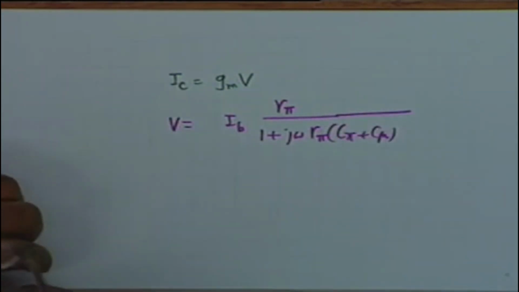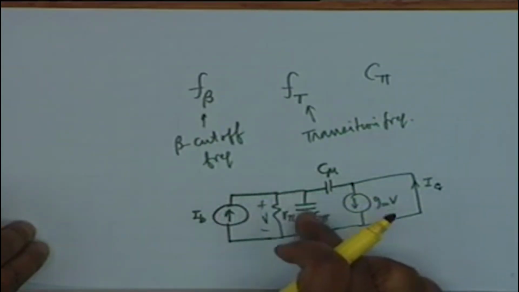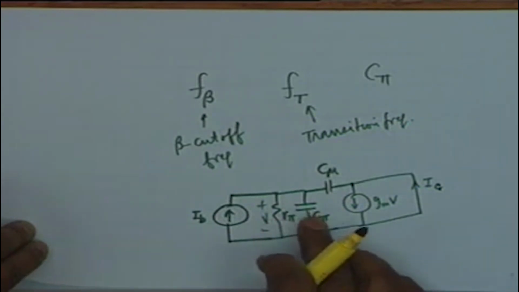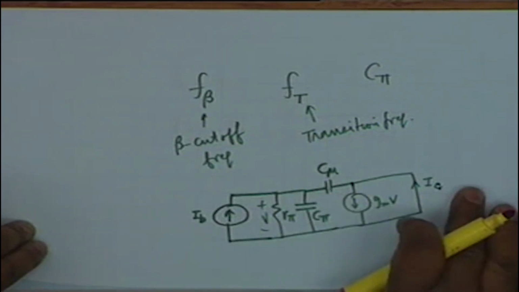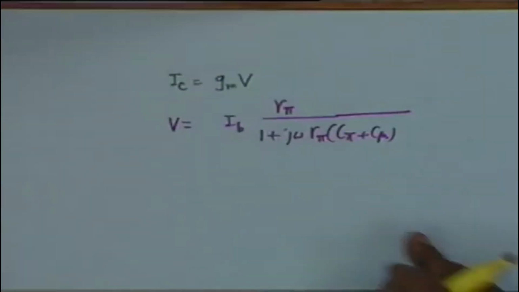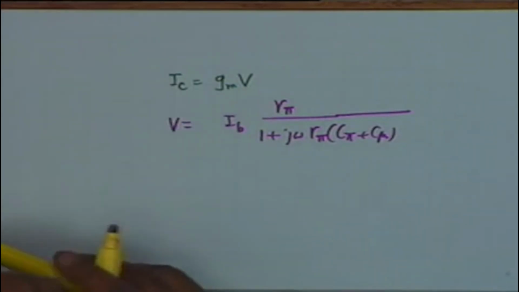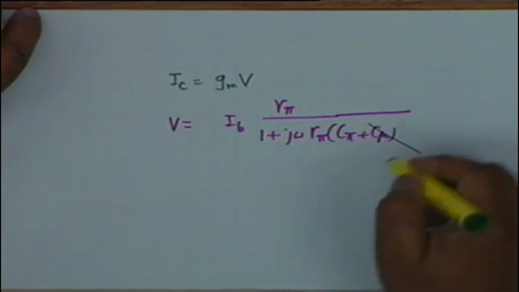Is the point clear? I sub B, this current generator, flows through this impedance, and this impedance consists of R pi parallel C pi parallel C mu. The current generator does not come into effect. This is what I have written. And you also know that C mu is only of the order of 3 picofarads and C pi is of the order of 100. So you ignore C mu.